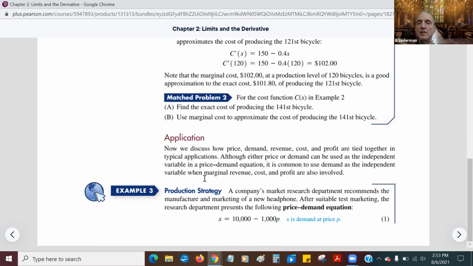Production strategy. A company's market research department recommends the manufacture and marketing of a new headphone. After suitable test marketing, the research department presents the following price-demand equation: x equals 10,000 minus 1,000p. x is demand at price p.